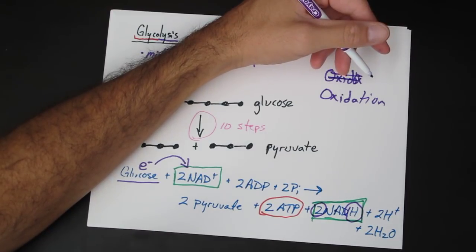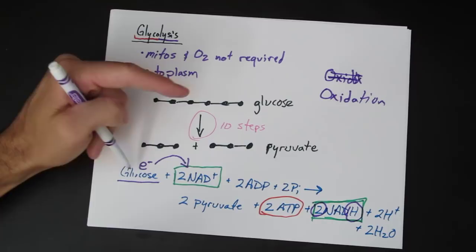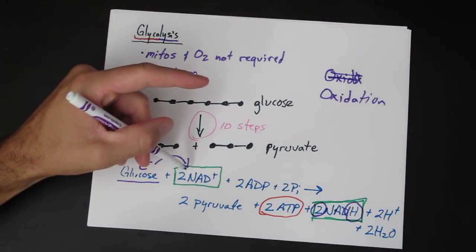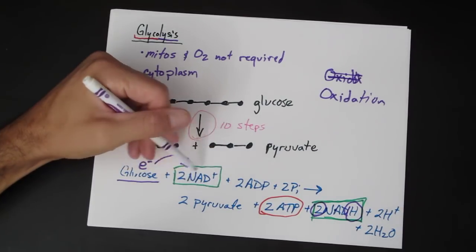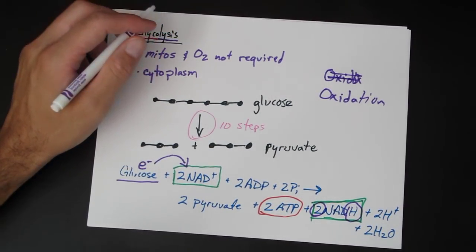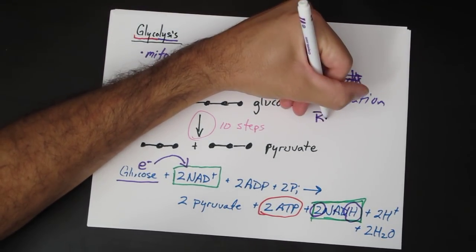I say that that thing has been oxidized. So in this instance, what we're doing is we are oxidizing glucose, and we're transferring that electron or adding that electron to NAD+. When something in chemistry gains an electron, we say that it's been reduced, or that's a reduction.